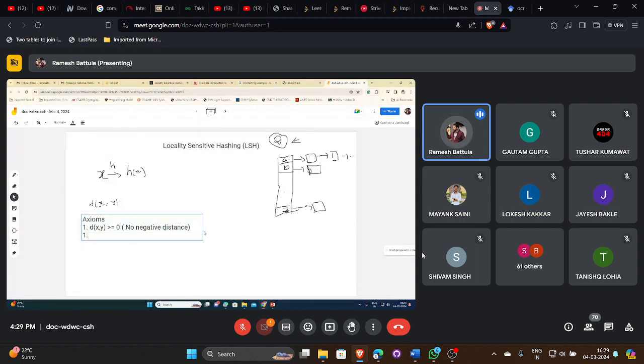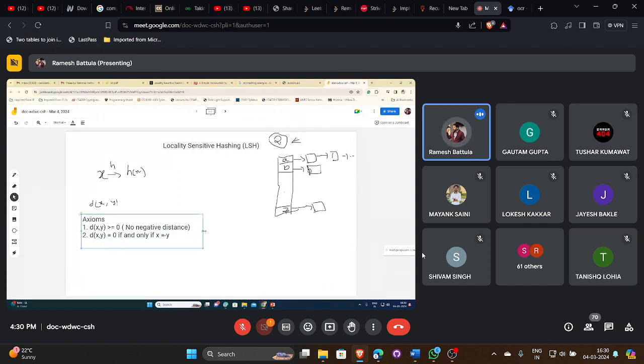The second one: d of x comma y is equal to 0 if and only if x equals y, which means the distance is positive, and the distance is zero at the same point itself.